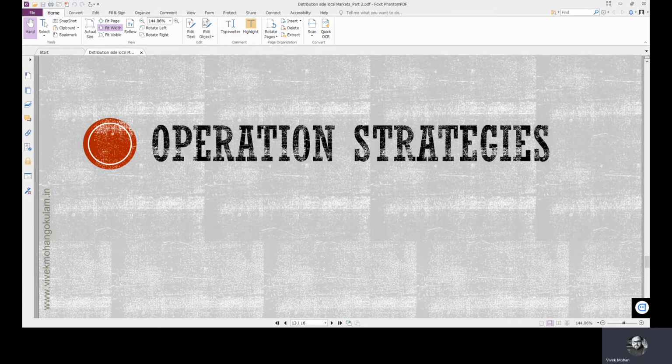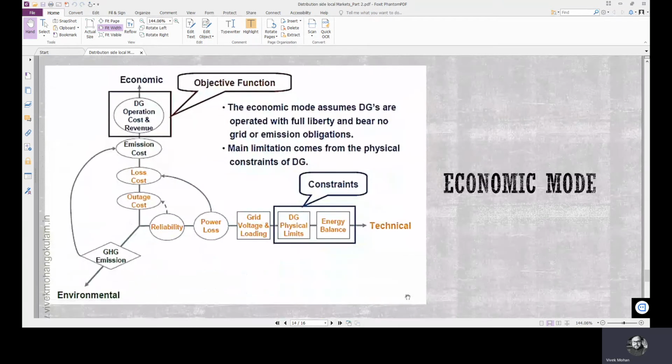It depends on the policy. Now, the first one is economic mode. You can see here DG operation cost and revenue. If this is the objective function, we are going to optimize the operational cost and revenue. That means if you want to maximize the profit, the revenue minus operational cost is the profit, and this has to be maximized.